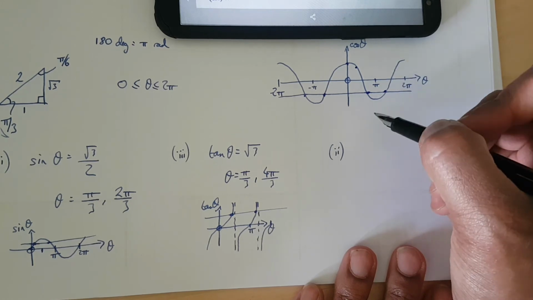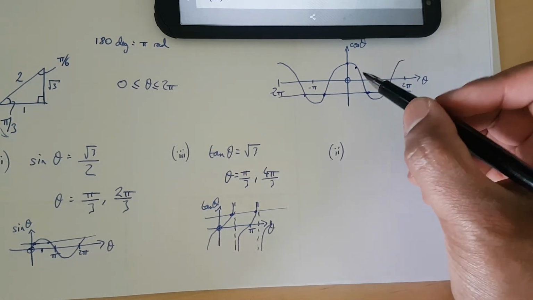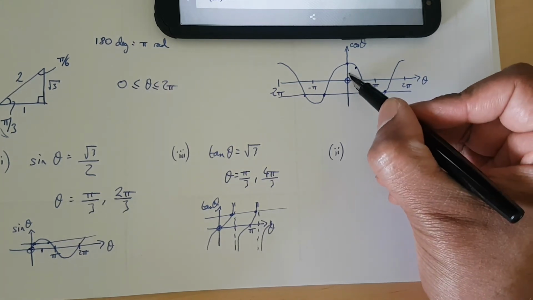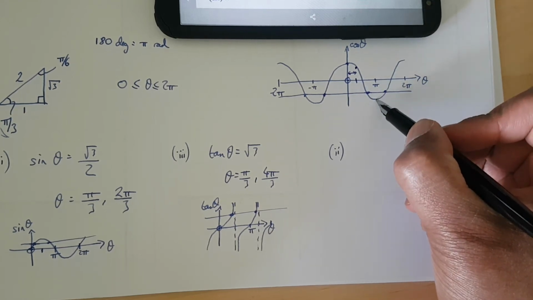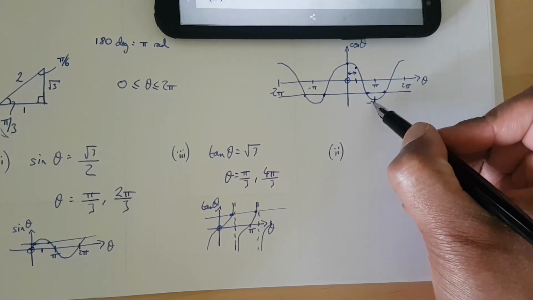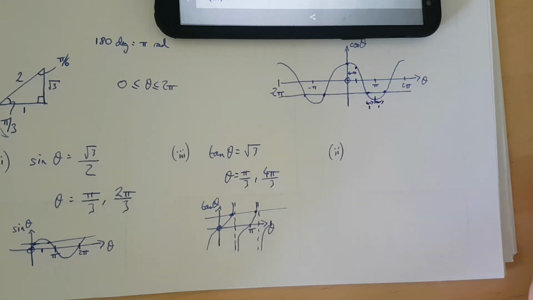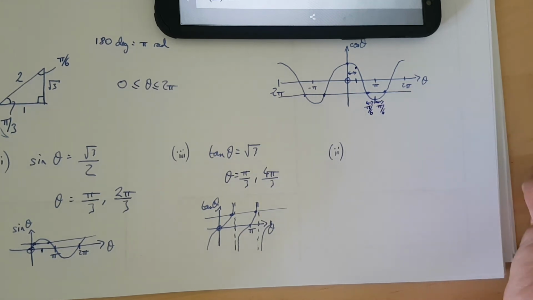Well, again, using the symmetry argument, this is pi over 6 away from the 0 point. So that distance there is pi over 6. Which means, again, remembering I've got symmetry here, that distance there, that one there, and that one there must also be pi over 6. And all I'm using there is the symmetry I know about the cos graph.